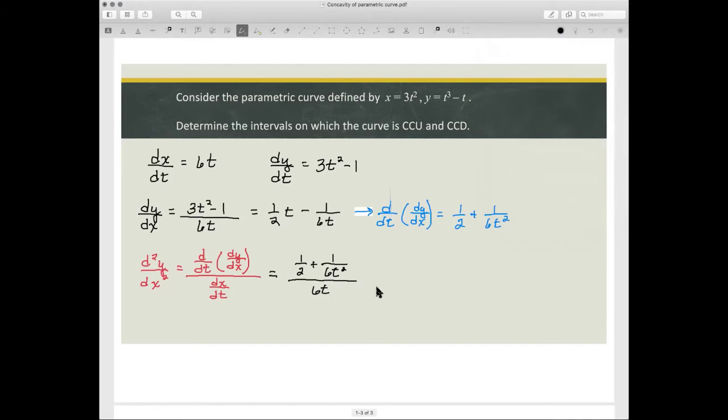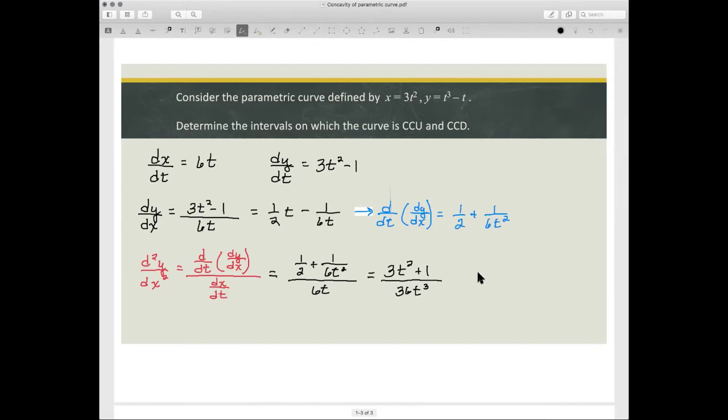We can simplify this by multiplying through by 6t squared. And when we do that, we get 3t squared plus 1 over 36t cubed. And that is our second derivative.